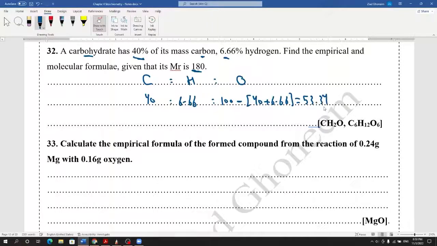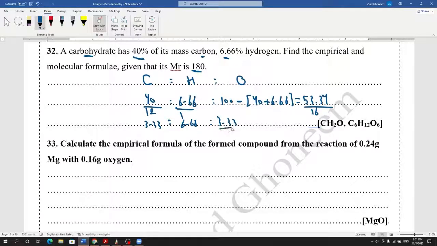53.34. Right? Now, divide each of these masses by the relative atomic mass for each respective element. 40 divided by 12, 6.66 divided by 1, 53.34 divided by 16. So we get the following ratio: 3.33 to 6.66 to 3.33.